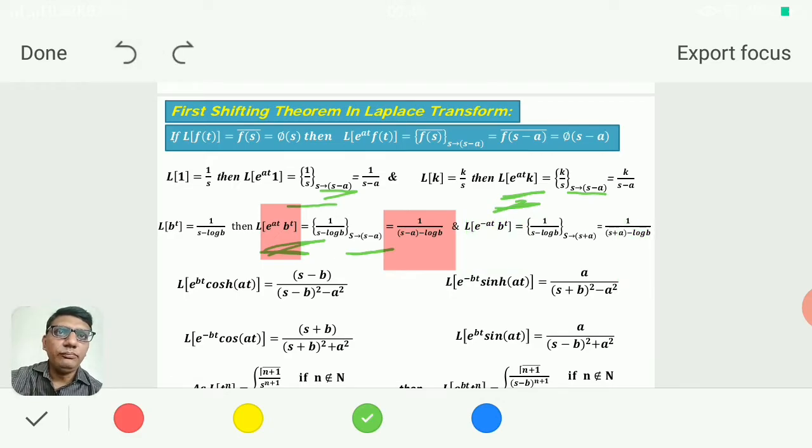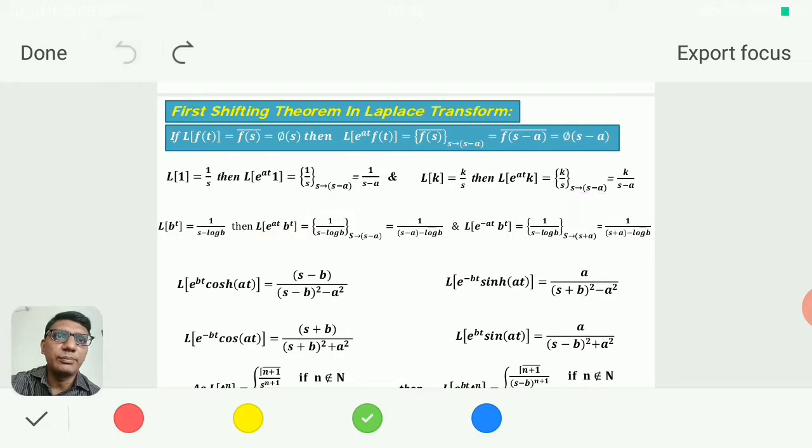Now we write the direct formulas of cos hyperbolic, sin hyperbolic, cos and sine. First of all, what is the Laplace of e raised to bt cos hyperbolic at?